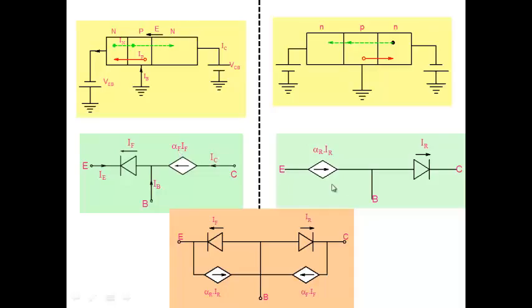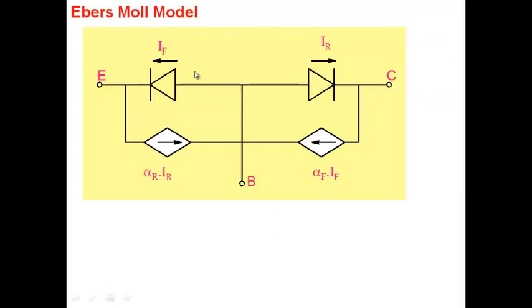Okay, forward active, IF equal to 0, alpha F IF equal to 0, it goes into this mode. So a general model of a transistor is what goes by the name Ebers-Moll model, which is given. You can use it in saturation, you can use it in linear, forward active, reverse active, any of the modes, you can use this particular model.